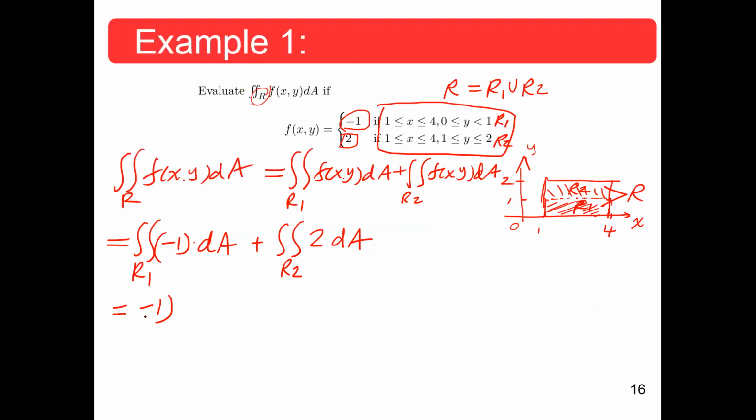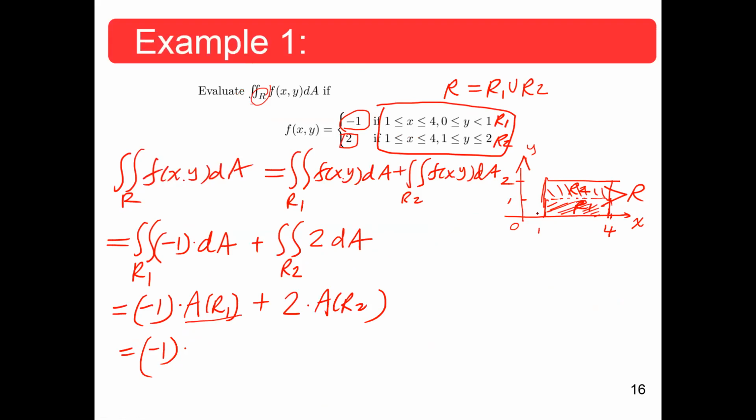So this would be k times the area of R1 plus the second k times the area of R2. What about the area of R1? What do we have here for the area of R1? Should that be easy? Yes.